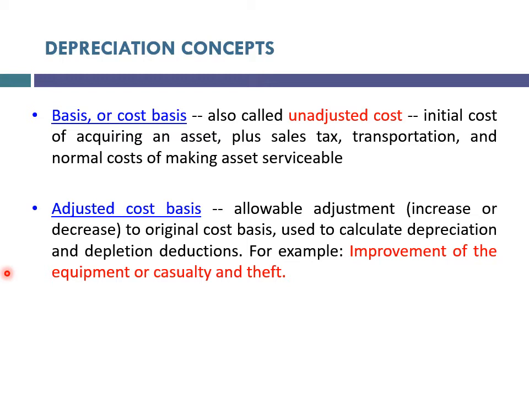So for example, you buy a car, and then you make a change in its engine, you make a change in its tires and so on. You improve that car, and then you need to use this adjusted cost basis in your depreciation calculations.